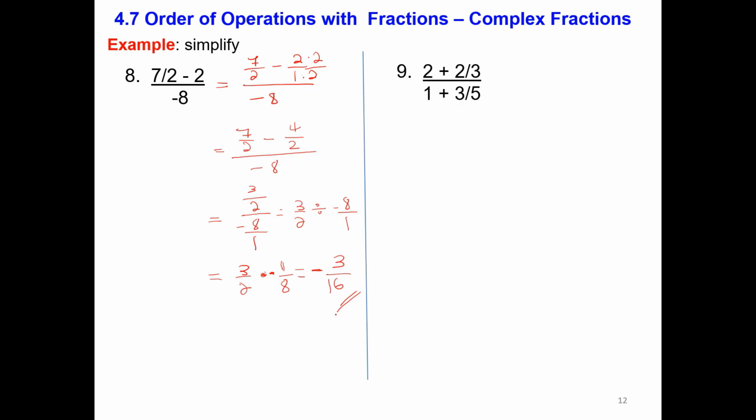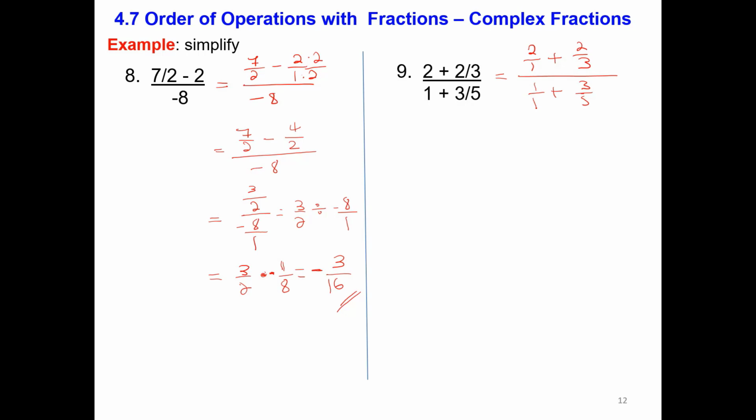And the same thing we had to do with the second one. Is 2 plus 2 over 3 over 1 plus 3 over 5. Let's write this one. We can write 2 over 1, and we can write this one like 1 over 1.